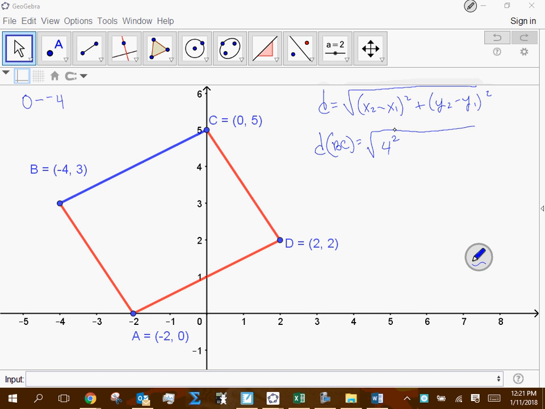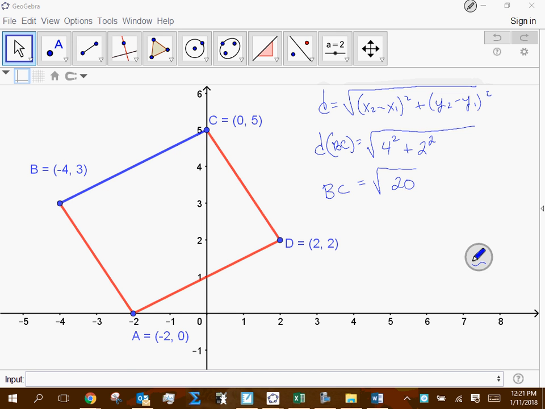Then we put the square exponent there. So now I'm going to do the same thing with my y. So it's 5 minus 3. 2. And we're going to square that, right? So what is 4 squared? 16, what is 2 squared? 4, what's 16 plus 4? 20. Okay? Now, that is the length of BC.